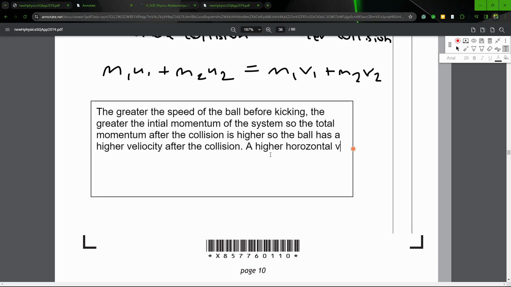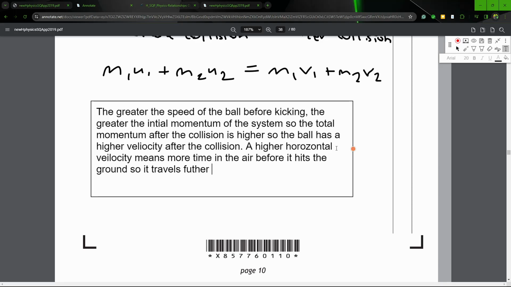Horizontal velocity, if I could actually spell, means more time in the air before it hits the ground, in other words, so it travels further.